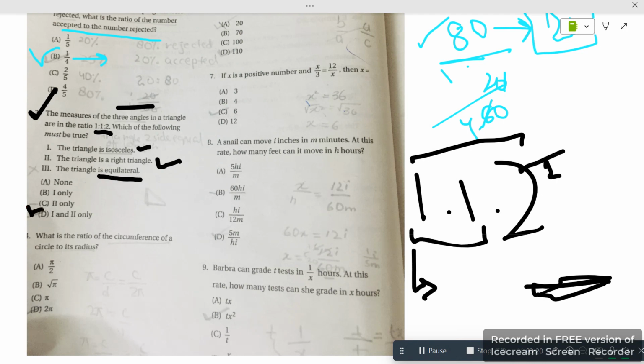So D would be the right option, first and second only. The third option, that the triangle is equilateral, is wrong: if you see the ratio, you can imagine a rough image of how a triangle could be equal if one side is double of what it should be.